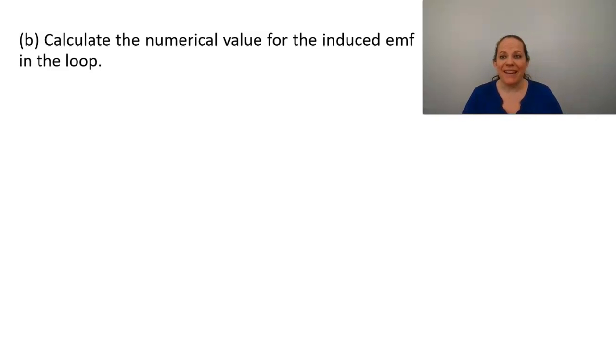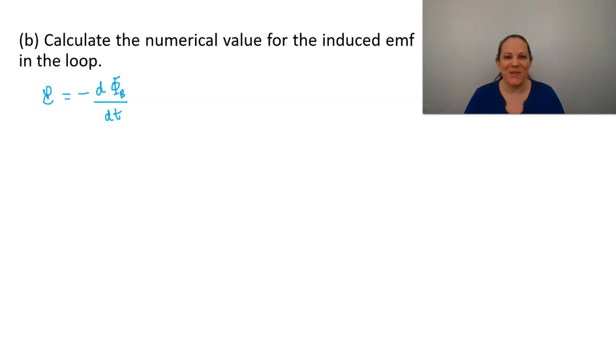Part B, calculate the numerical value for the induced EMF in the loop. All right, so we're going to remember that the induced EMF is equal to the opposite of the derivative with respect to time of the magnetic flux.